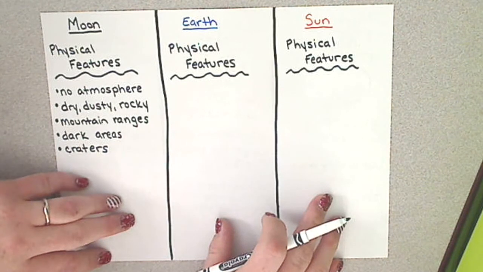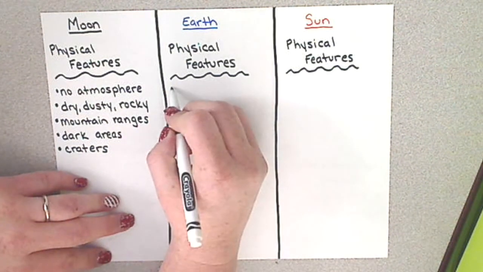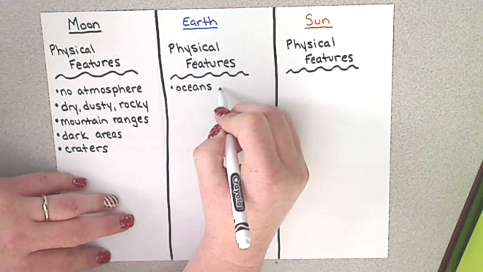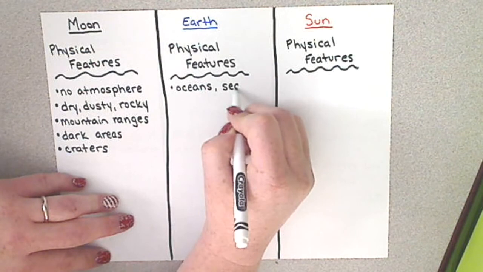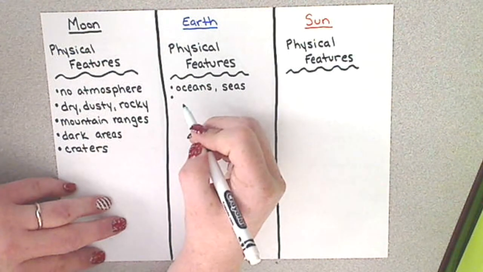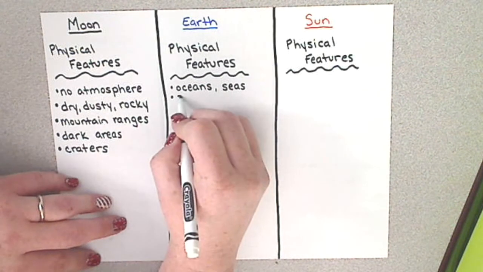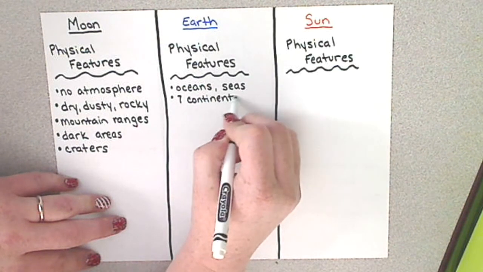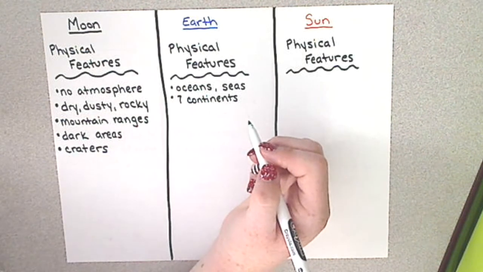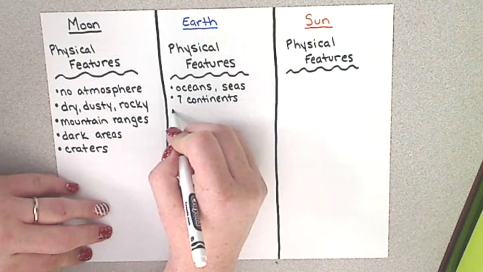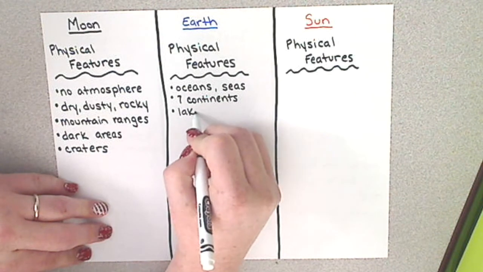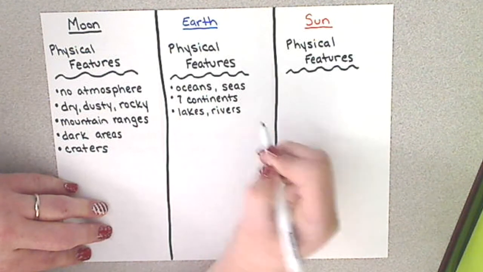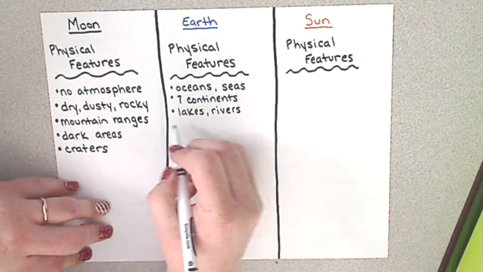Now let's take a look at the Earth. The Earth has oceans and seas. It has 7 continents. It has lakes and rivers. It has mountains.